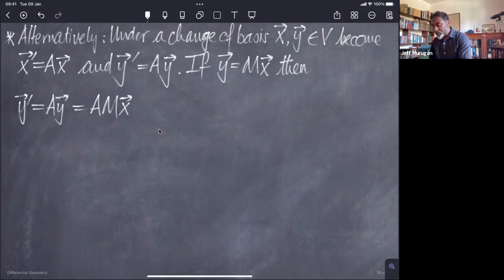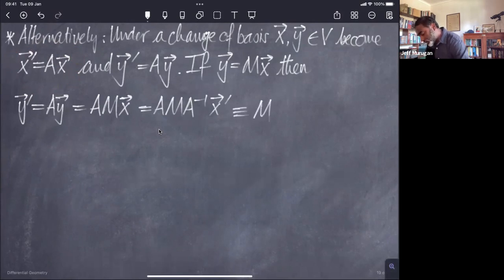But from here, x is A inverse times x prime. So that's A inverse x prime. And this is what we would call, by definition, M prime x prime.